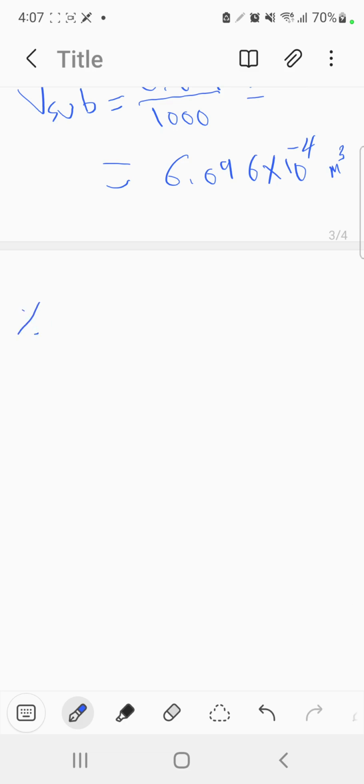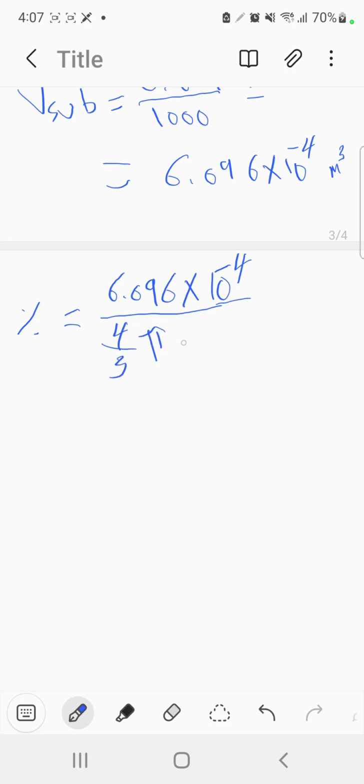So we can say the percentage is the V submerged, 6.096 times 10 to the power minus 4, over the V total, which is 4/3 pi times the outer minus inner radius to the power 3, times 100.